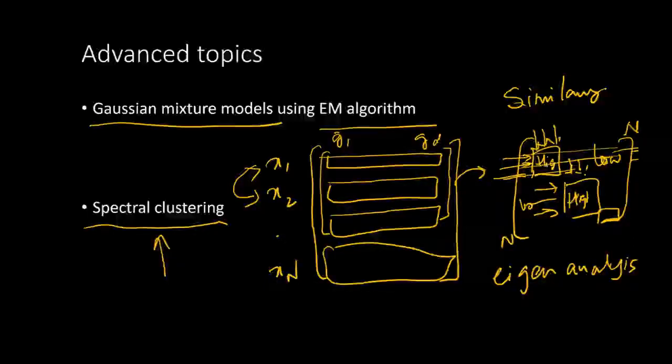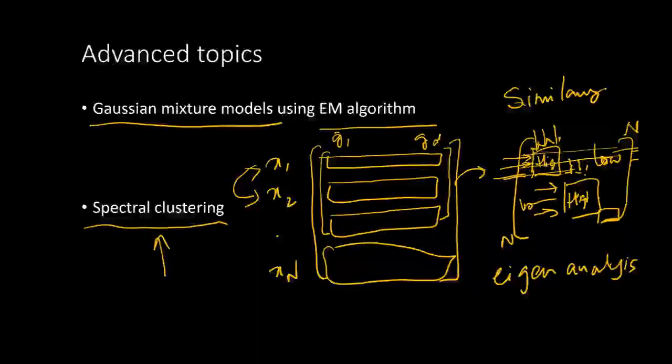So then there are methods such as graph cut, where you look at these matrices and form a graph between all the sample points, where having an edge between two samples means that they are similar. If there is no edge, that means they are not similar.